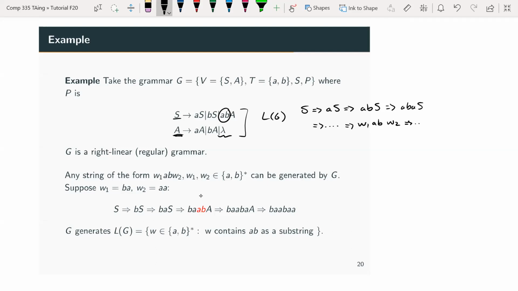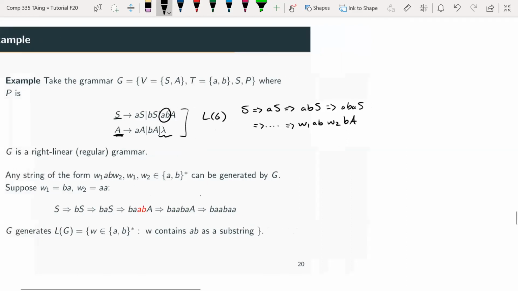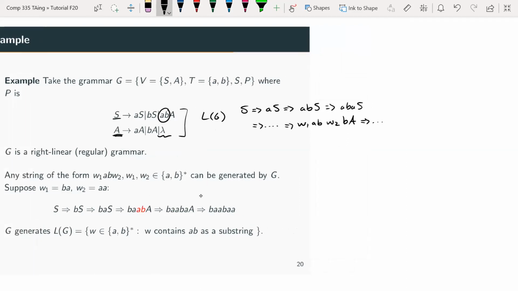And then at some point, I'm going to end up with just replacing this, so maybe at this point I have some string w2, and then I'm using the production rule lambda, right? So then I can continue until I have two strings, let's say w ab v, where w and v are in {a, b}*.